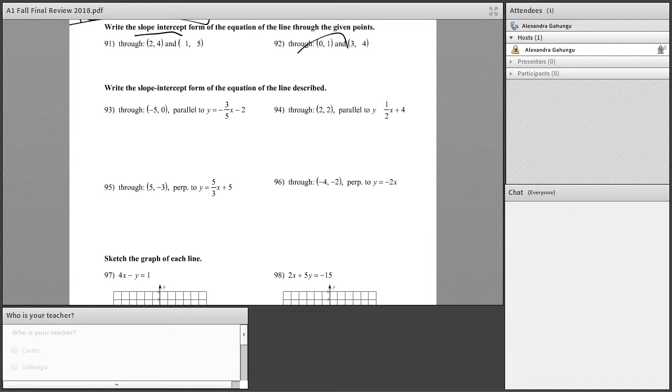Okay, and we are trying to write the equation. So for 93, write the slope-intercept form of the equation. So eventually, we'll still want to get to y equals mx plus b. That's like the final step, but we need to start in point-slope form because we've got a point, -5, 0, that we have to go through, and a slope, because our line has to be parallel to this line, so we want the same slope.